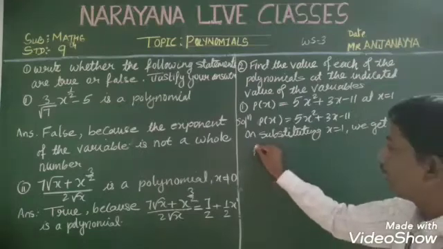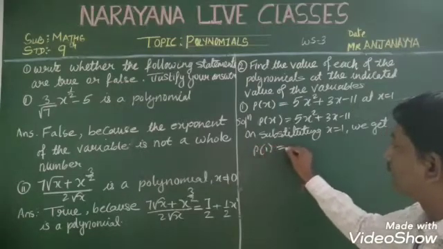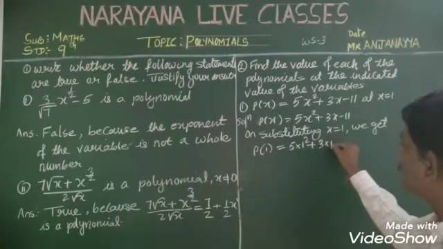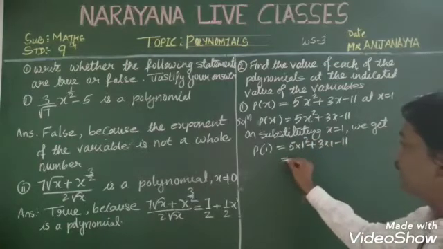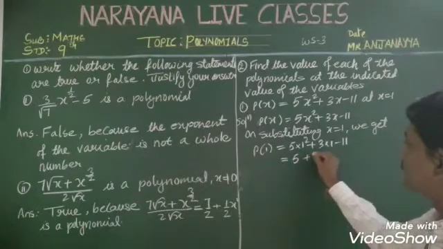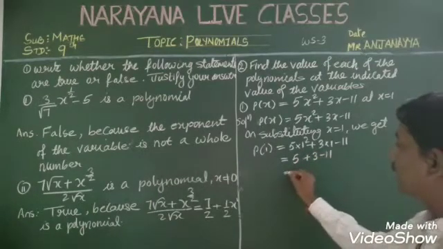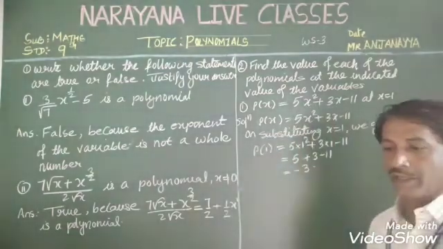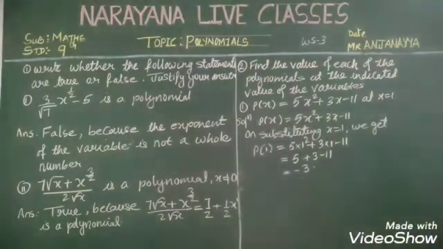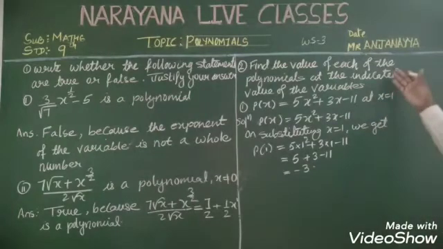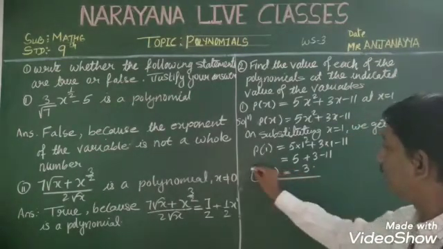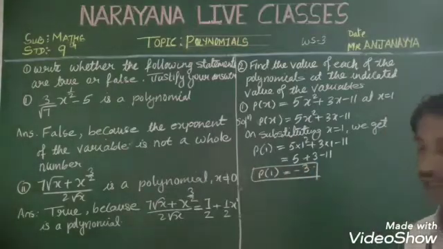So what I get is p of 1 is equal to 5 into 1 square plus 3 into 1 minus 11, and this I can write as 5 plus 3 minus 11, and that is equal to minus 3. This is the value of the polynomial when we substitute x is equal to 1.